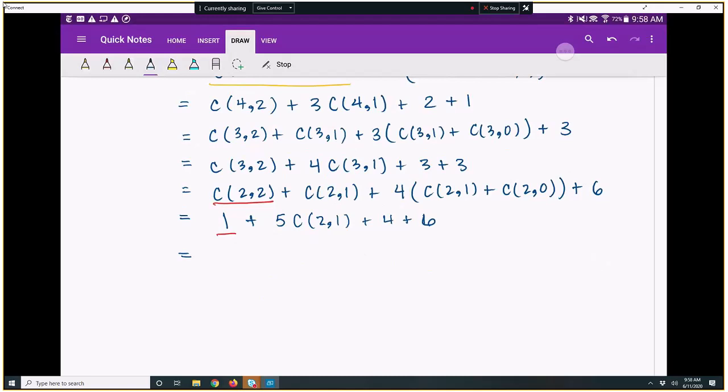So this is 11 if I add 1 plus 4 plus 6. 11 plus 5 times, and I'm going to do this one more time. This is going to be 1 choose 1 plus 1 choose 0.